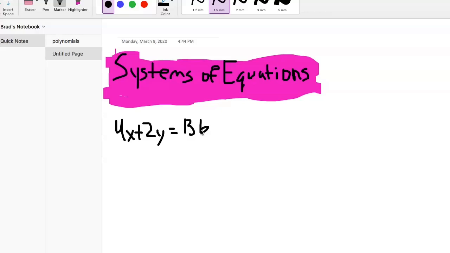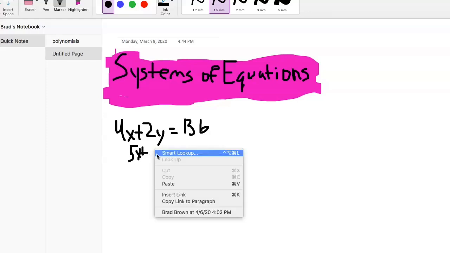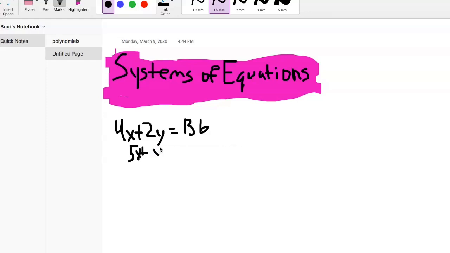And the second equation, 5x plus y equals 221. So what do we do here?